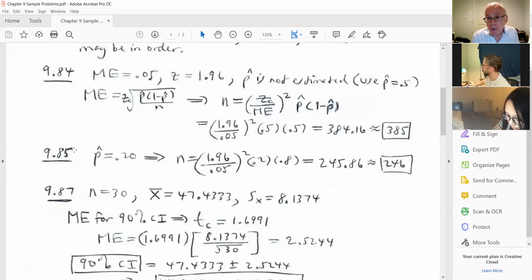So now what we're going to do is take that same formula. What's inside the ratio inside the square term here is going to stay the same. You're just replacing p hat with 0.2, which means 1 minus p hat is 0.8. And when you multiply all of that together, you get 245.86, and you round it up to 246 as your minimum sample.